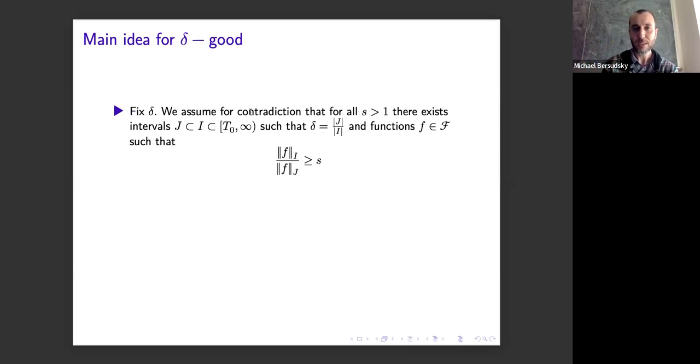Then what does it mean? It means that for every S bigger than 0, those suprema will be at least S for some intervals which have relative length delta, and there will be some functions satisfying this inequality.